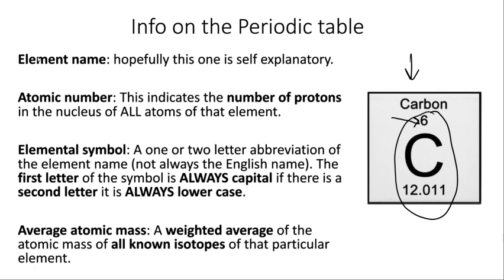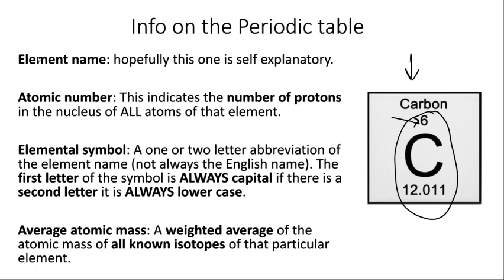So each element has its own atomic number, and the atomic number indicates the number of protons in the nucleus of all atoms of that element. Right? So every carbon atom has 6 protons, no more, no less. If you change the number of protons, you change the element. So, atomic number, number of protons.